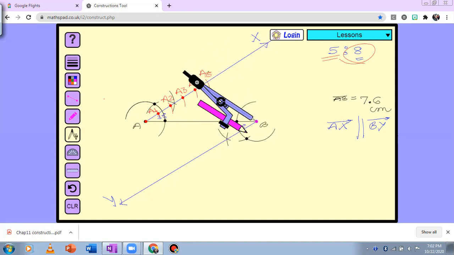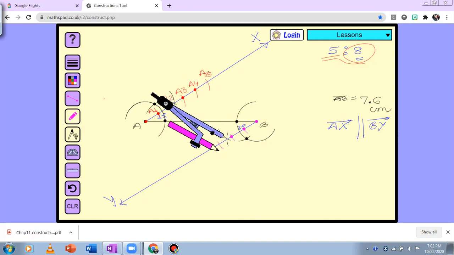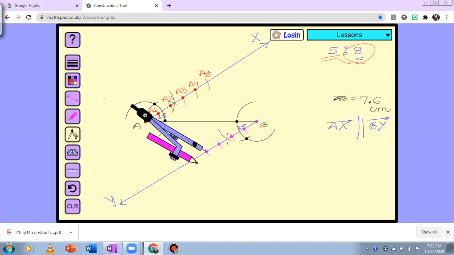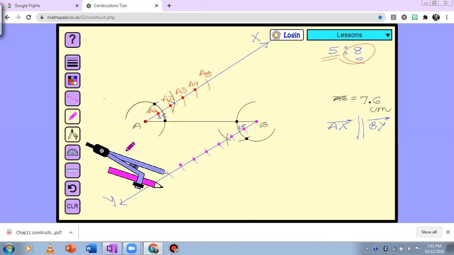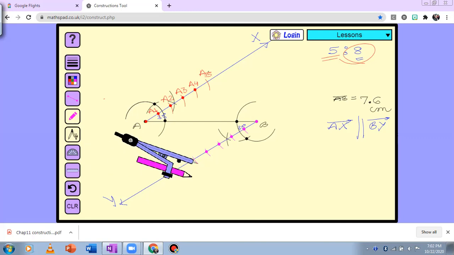One, two, three, 4, 5, 6, 7. I think I need to fix the last one. Let's go back here.